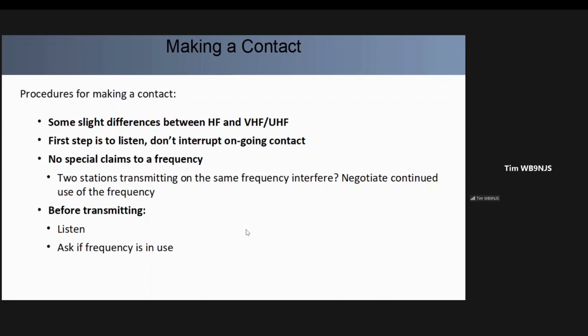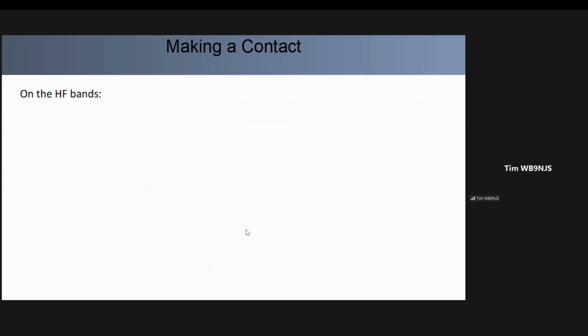If nobody responds, that's a good sign. But above all, make sure the frequency that you're transmitting on is within your band limits. As a Technician class licensee, you can't transmit on just any frequency. There are limitations to what you have access to. So before transmitting, listen, ask if the frequency is in use, and make sure you're within your band limits. Right out of the question pool.